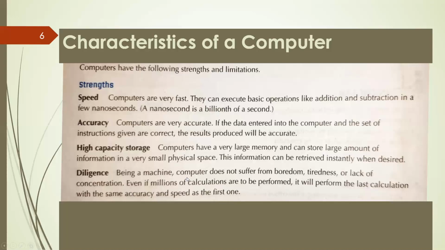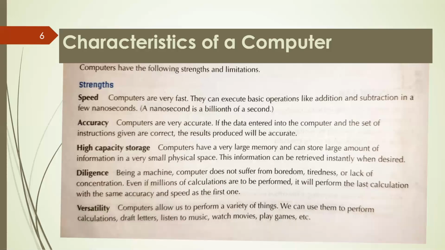The next is versatility. Computers allow us to perform a variety of things. We can use them to perform calculations, draft letters, listen to music, watch a movie, play games, etc. Versatility means a variety of things.